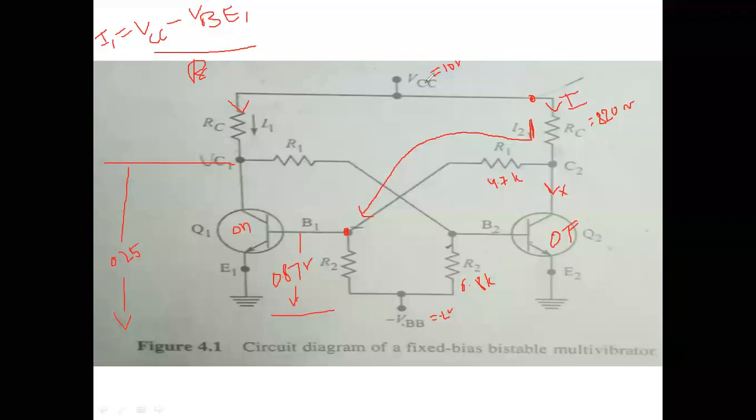VCC is nothing but 10 and VBE SAT is nothing but 0.87, divided by RC, which is 820. So you may get the current value as 1.65 milliamperes. This current is our I1, which is 1.65.